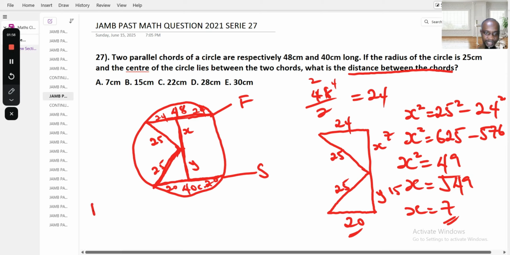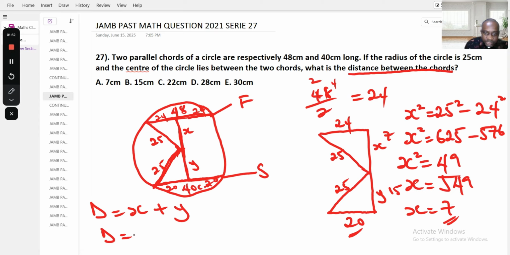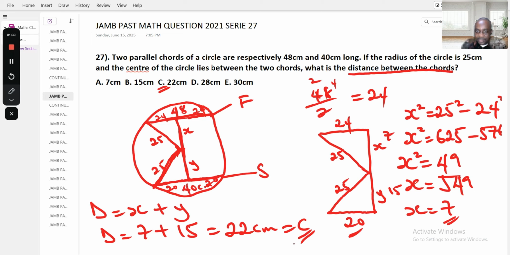Therefore, to get the distance between the two chords, it is going to be x plus y, isn't it? 7 plus 15 is going to give us 22. 22 centimeters. That is it. Do we have 22 there? Yes. Our final answer is C. Let's move to the next question.